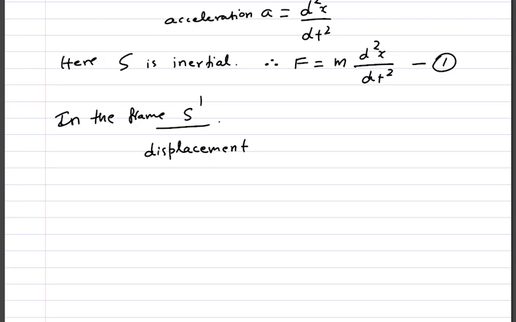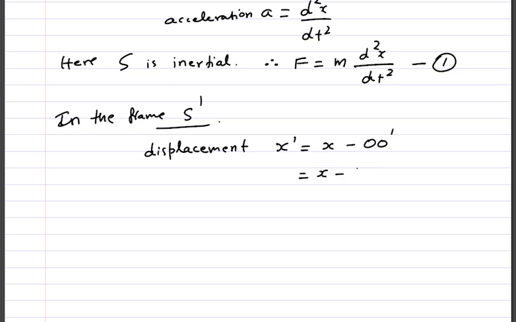It's the same type of steps we followed in our previous classes, while calculating the Galilean principle of relativity or invariance of time. Everywhere it's the same type of derivation.